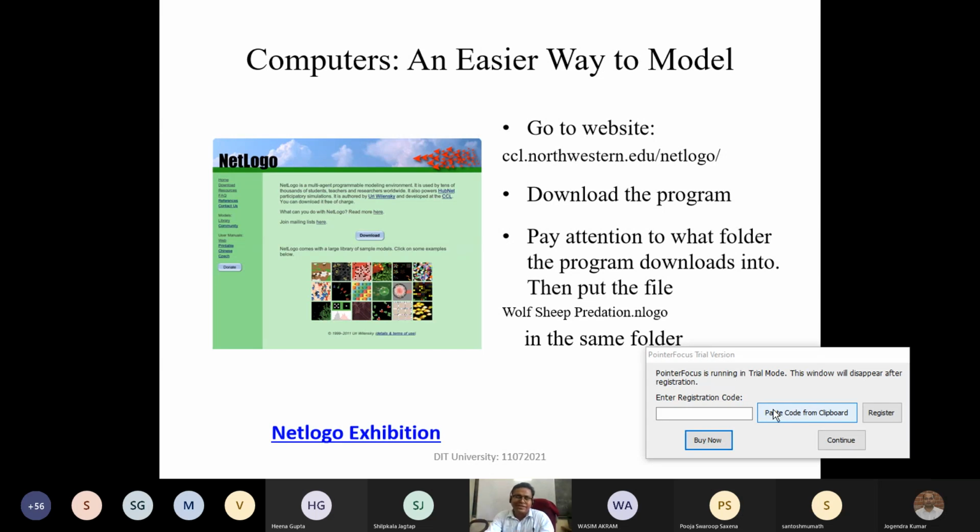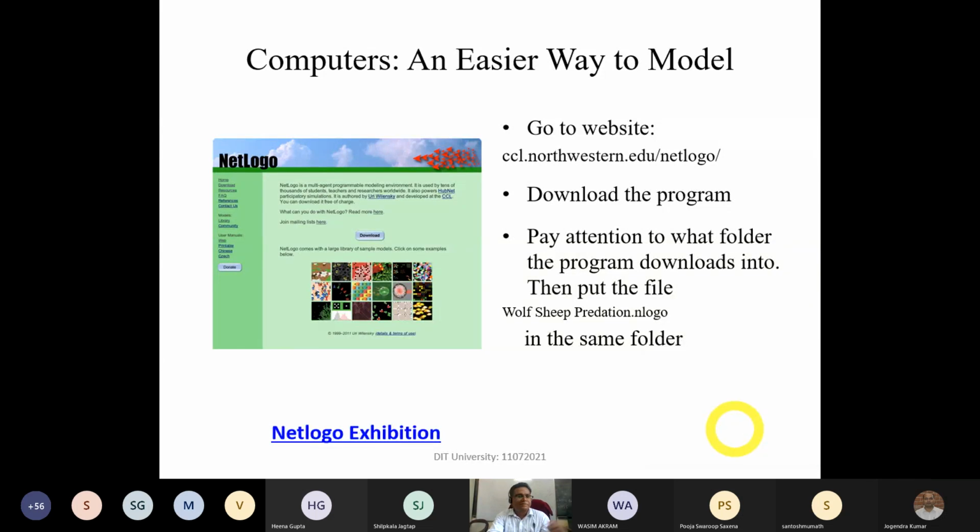So just go through it. If I have time, I will show you how to understand NetLogo in a very easy way, but I think time will not permit me to do this. So just go through it, and once you have a problem, write to me. I will help you in every possible way.